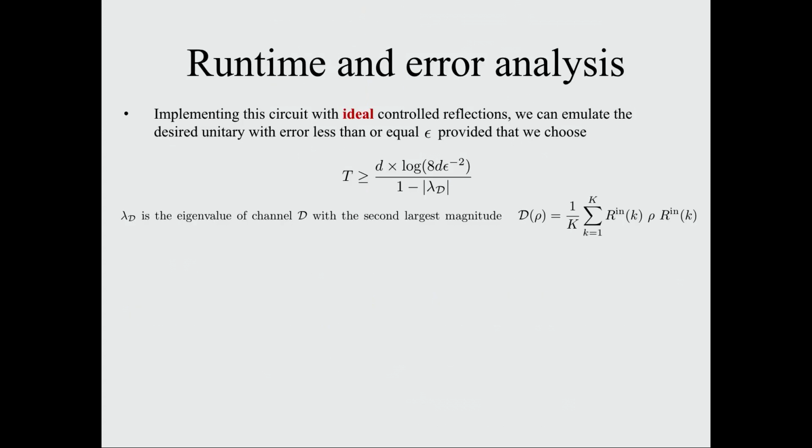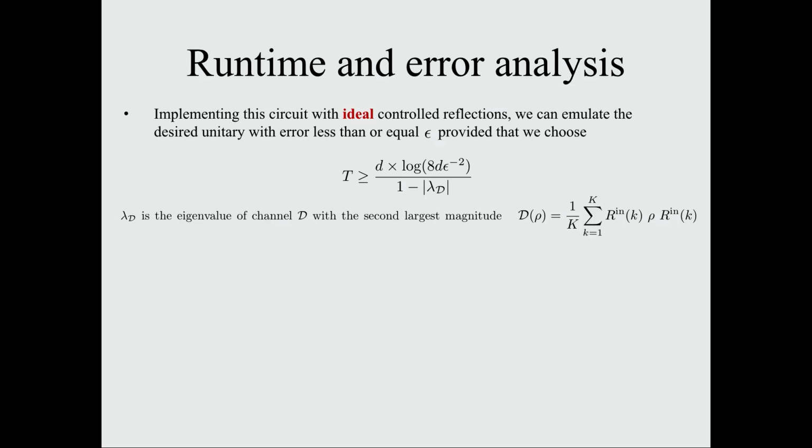So let's skip this. And using this argument, you can show that if you are given perfect reflections with respect to input states and output states, then to achieve an error epsilon, you need to choose t, the number of steps, to be larger than or equal to this. D is the dimension of this relevant subspace. And so the important thing is that t scales logarithmically with the inverse of epsilon. Okay?